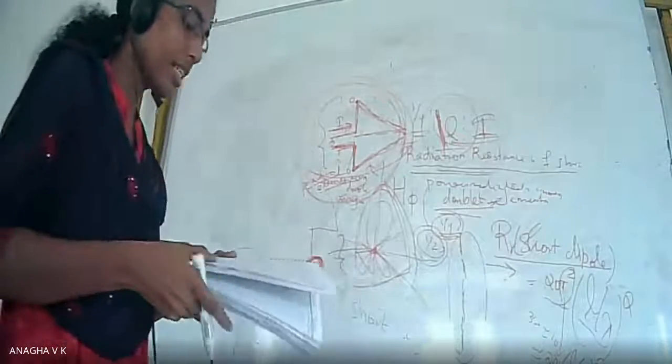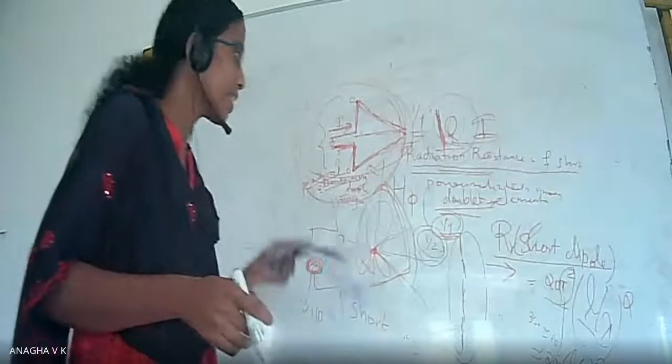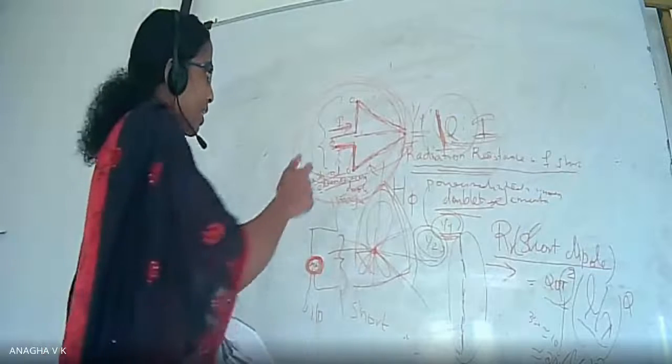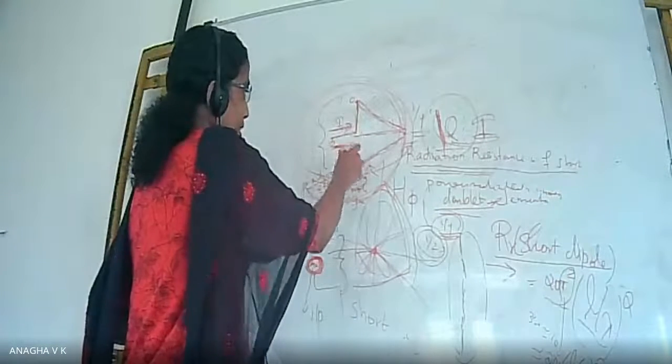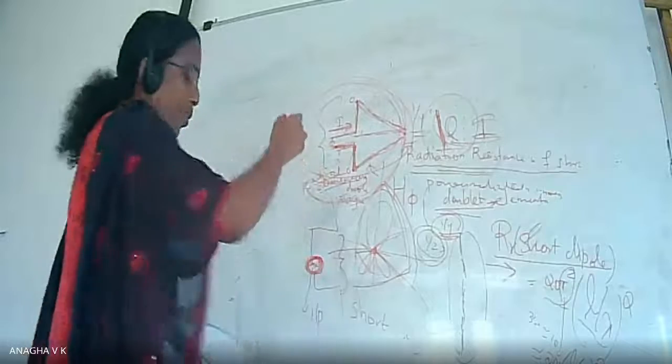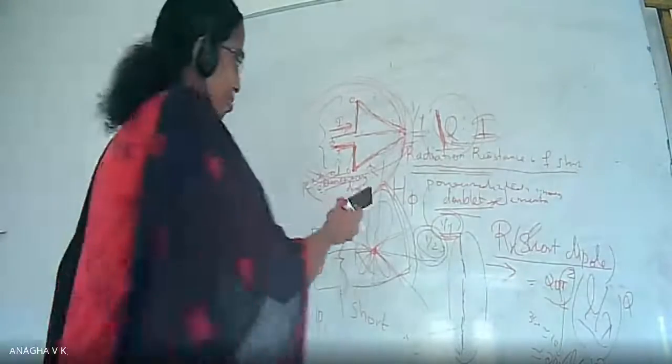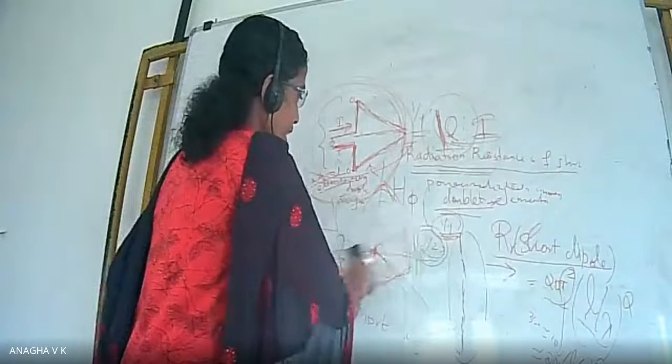So the next one is the monopole. So this is the dipole, no? What is a monopole? The same thing. These are two poles, but in the case of a monopole there is only one pole.